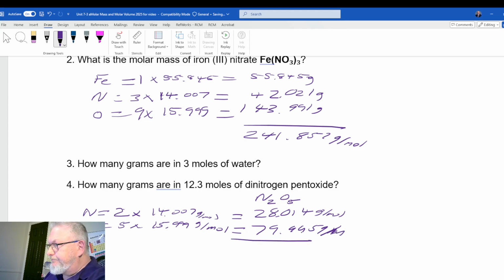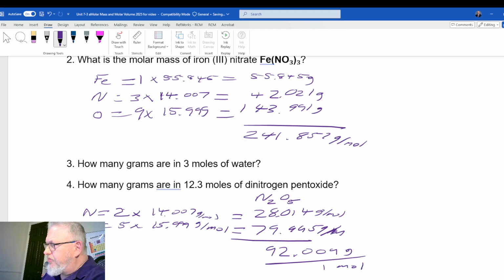Add that up. So I have 28.014 plus 79.995. And that means that for dinitrogen pentoxide, its molar mass is 92.009 grams for every 1 mole.